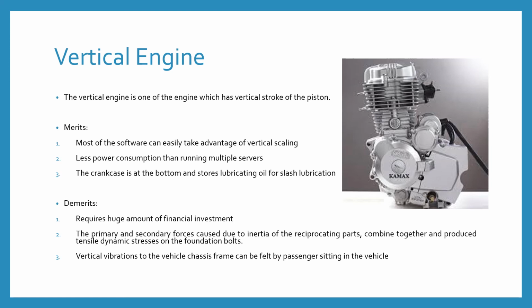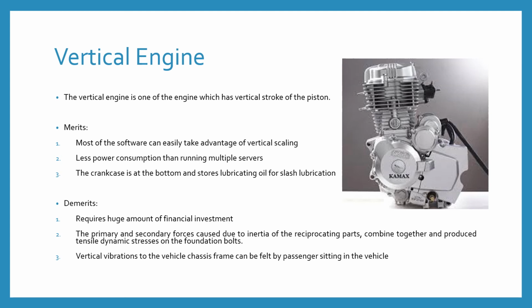Here the piston has two dead centers, that is top dead center, when the piston moves at the top inside the cylinder, and BDC or bottom dead center, when the piston reaches the lowest part of the combustion chamber. So this orientation of the engine is called the vertical engine.